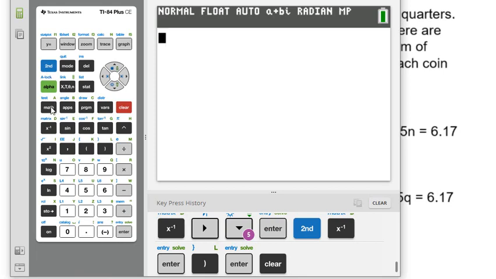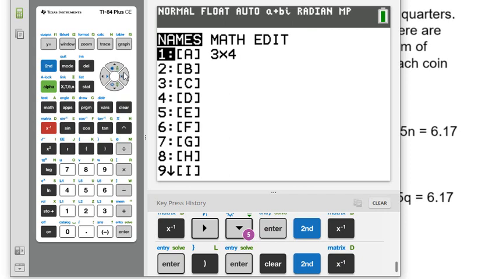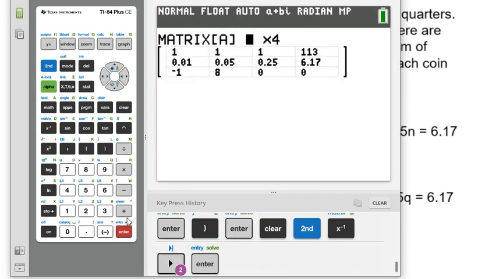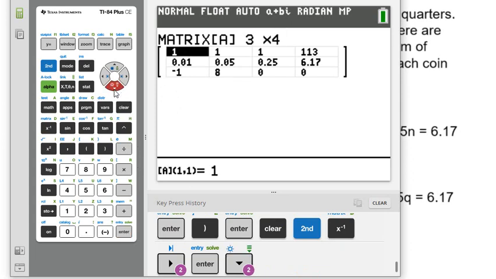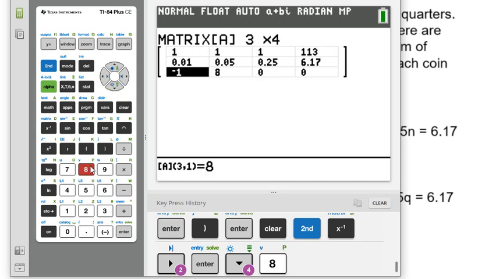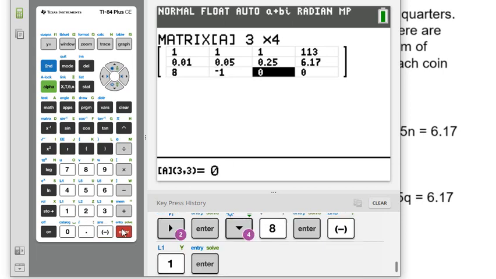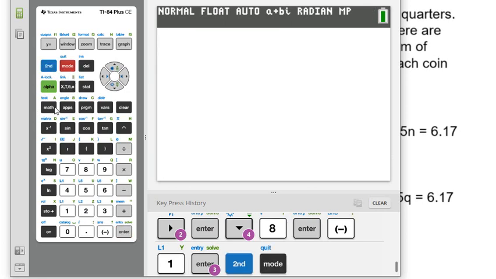I'm going to go back to the matrix, go to Edit, and press Enter. And what we're going to have here is 8 pennies, and then -1 nickels, and everything else is the same. Now I'm going to press second quit and try it again.